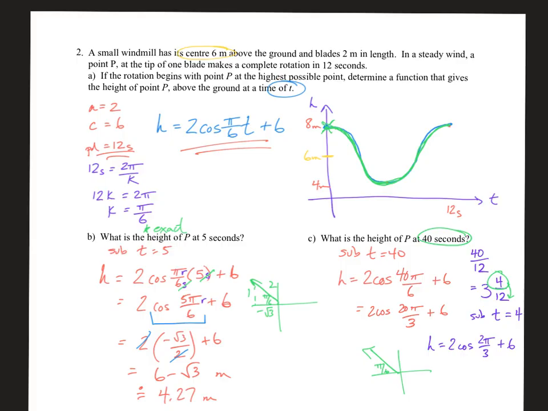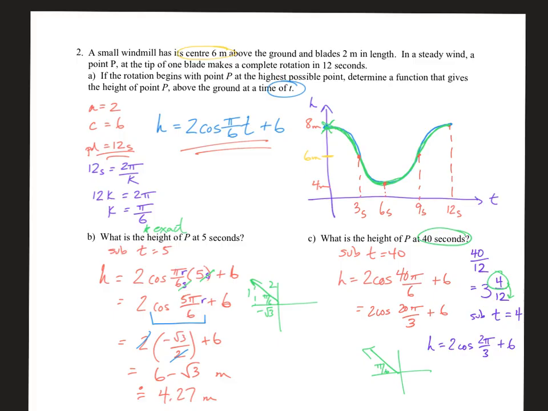Okay, the next part. Let's talk about how we're going to estimate it. I would hope, since we can see that that full rotation takes 12 seconds, and we know that our trig curves can be broken up into quarters, that we would then know that half of our rotation would take 6 seconds, and every quarter of our rotation would take 3 seconds.